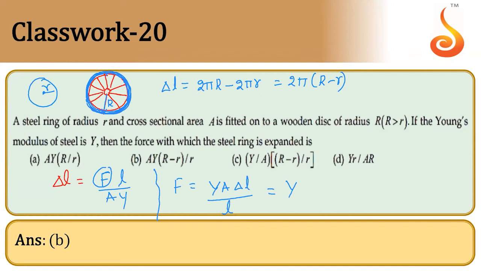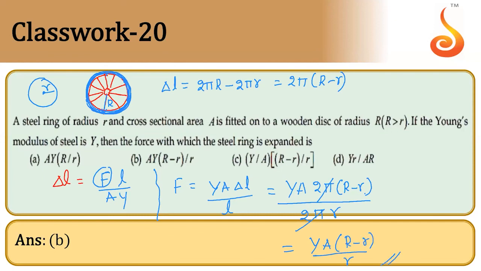A only, keep A. Delta L, what is the value of delta L? 2 pi (R minus r). What was the initial length? 2 pi r. 2 pi gets cancelled, so you'll get Y A into (R minus r) divided by r. Okay, children, this is the force with which it has to be expanded. Which option? Option B. Okay, understood? Understood, children?